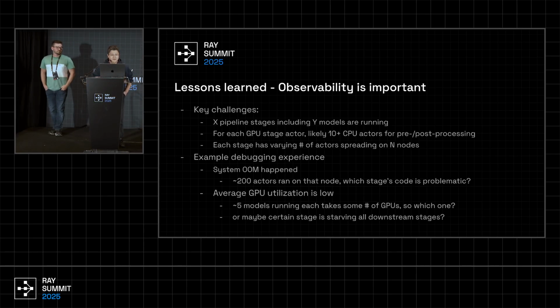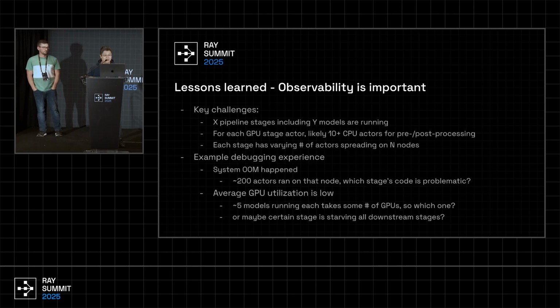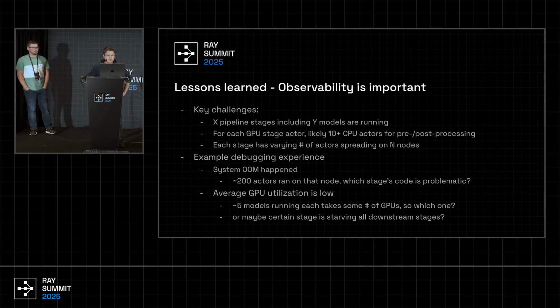Sure. So another lesson we have learned by running a lot of data curation in production is that observability is very important. One of the key challenges, if we compare to a typical model training job where every node runs the same thing every 10 seconds or so, is that here the situation is very different. You will have X pipeline stages running at the same time, which include Y different models.